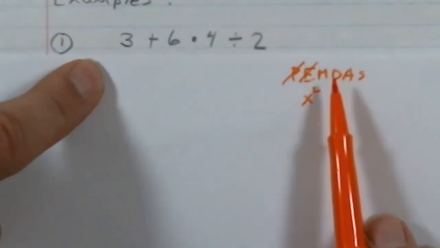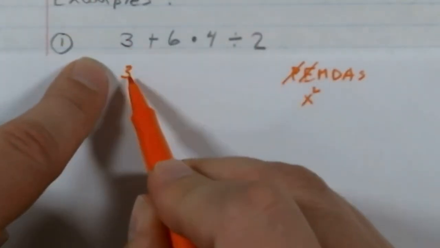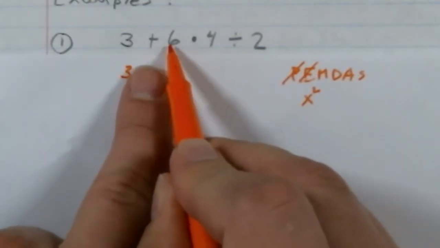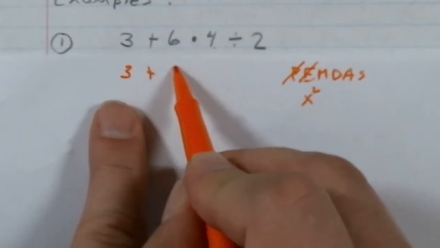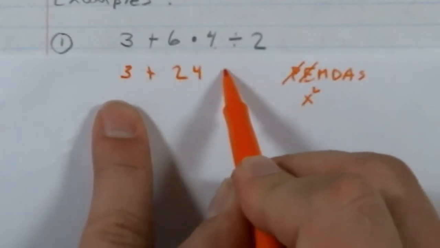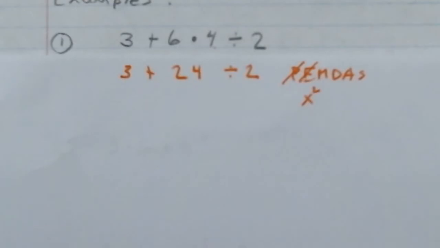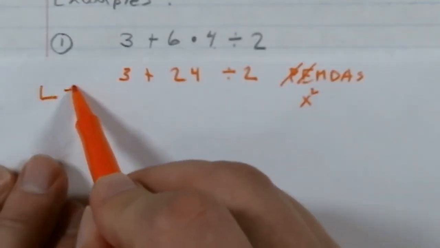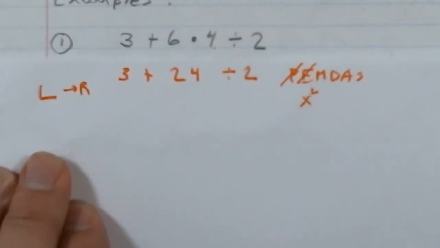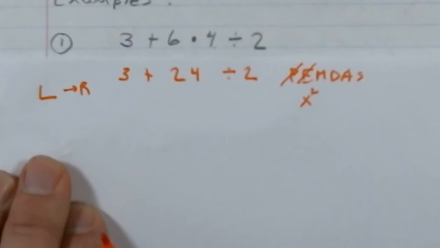What I would like you to do is write down what you don't use. So 3, then 6 times 4. Well, 6 times 4 is 24. You have to know your multiplication table, by the way. Divided by 2. And I'm hoping you understand that I'm going from left to right.